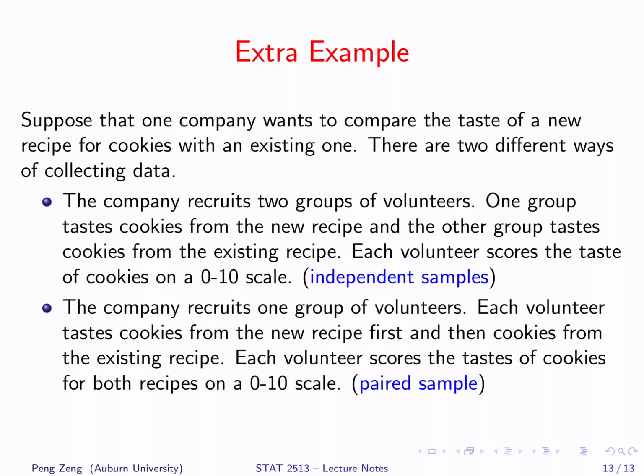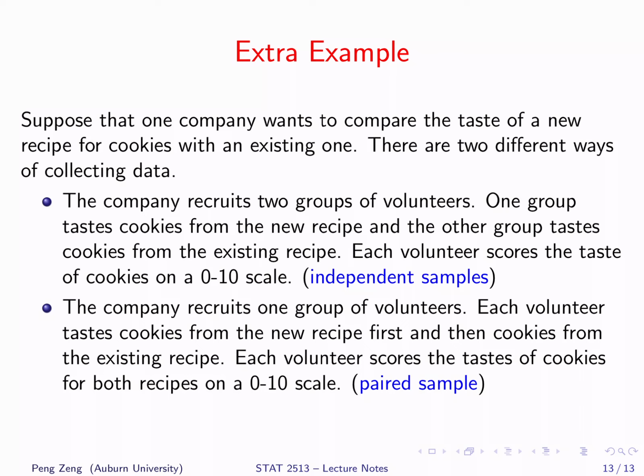One group tastes cookies from the new recipe and the other group tastes cookies from the existing recipe. Each volunteer scores the taste of cookies on a 0 to 10 scale. If we collect data in this way, we have independent samples from two populations. Each population only tastes cookies from one recipe. When analyzing data, we should use T-procedures for independent samples.